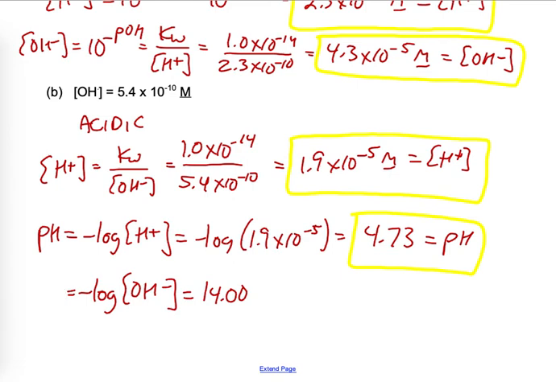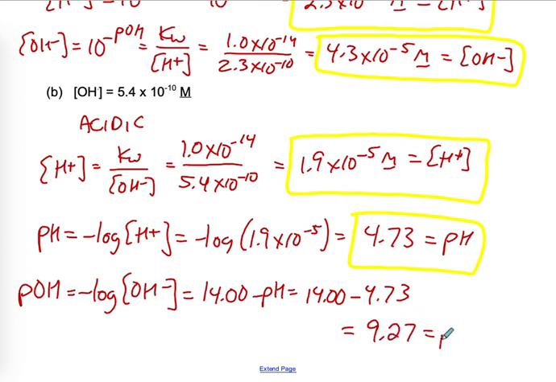That should be pOH. Thanks for pointing that out. 14.00 minus the pH, or 14.00 minus 4.73 equals 9.27 as my pOH value. Once again, each of these three values is consistent with my initial conclusion that the solution is acidic.